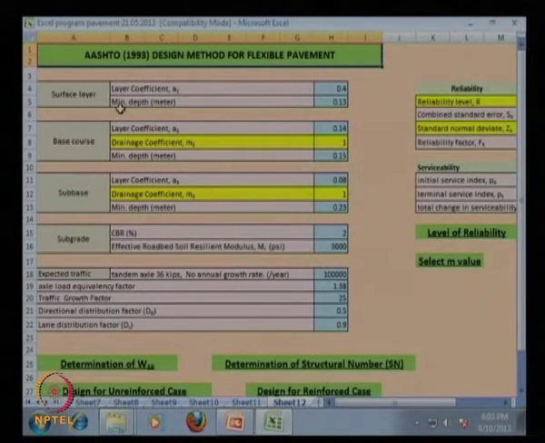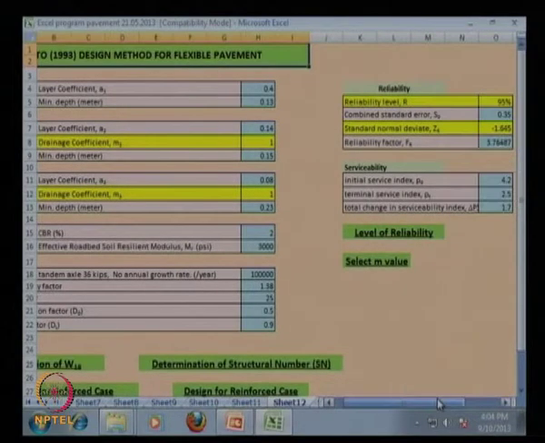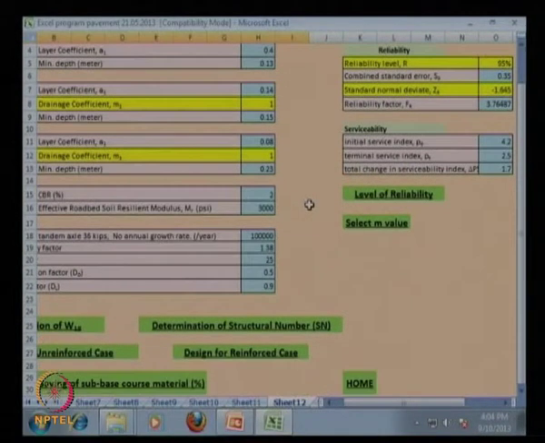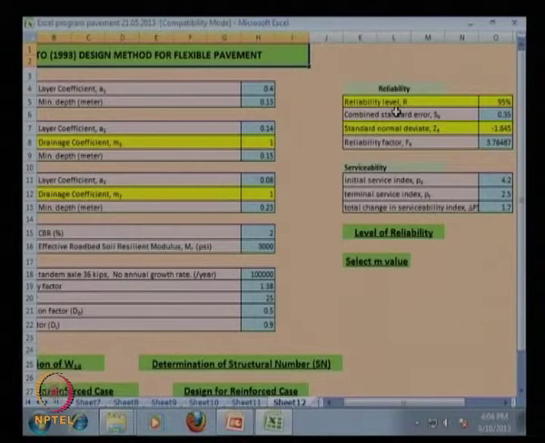Now, here is the surface course, base course, this is the sub base course, and this is the subgrade, and here expected tandem 30 kips, and the annual growth rate per year is 1 lakh, axle load equivalent factor 1.38, directional distribution factor DD, you know what that is, lane distribution factor, and you have to calculate the reliability factor.